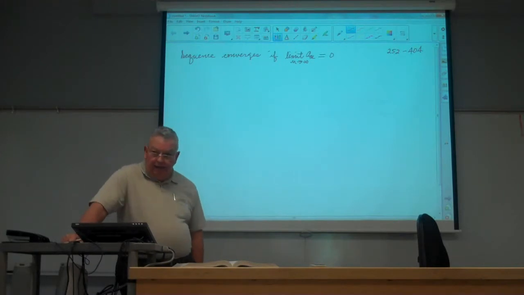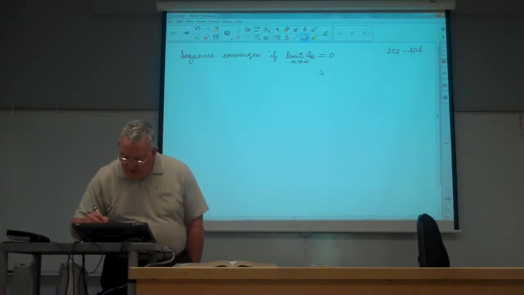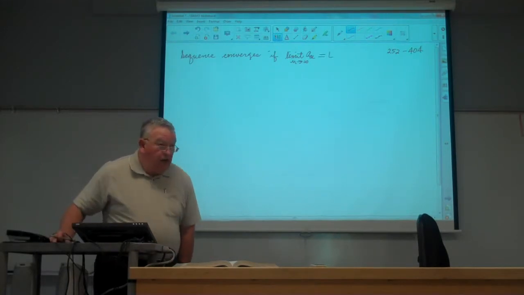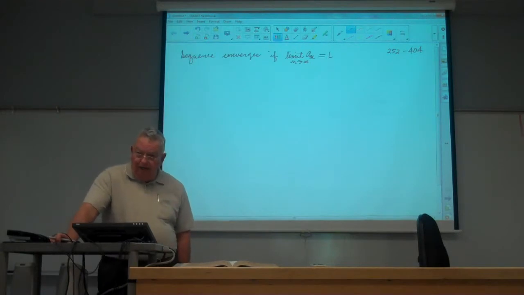We did that. That's the way it is, equal to L. We just take the limit of it, whatever that limit is, that's what the sequence converges to, right?